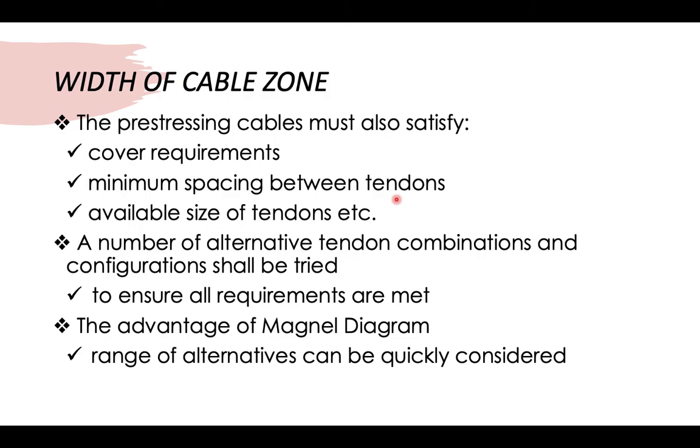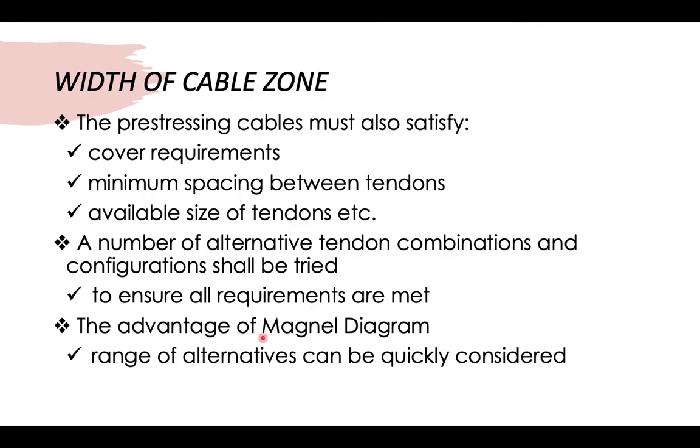So to ensure full compaction of our structure, we need to have this spacing between the tendons. Then we also have to consider the available size of tendons in the market. A number of alternative tendon combinations and configurations shall be tried to ensure all requirements are met.